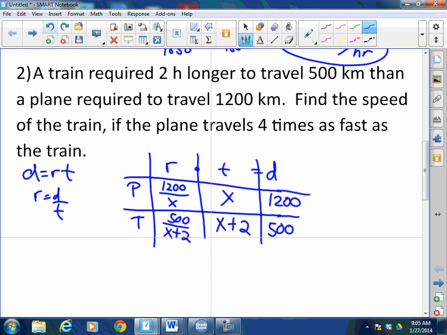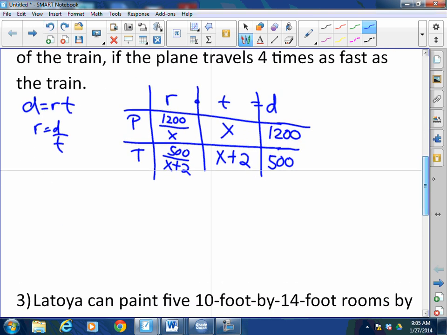Now, what does it say about the rate? Find the speed of the train if the plane travels 4 times as fast as the train. So doesn't the plane, which is 1200 over x, equal 4 times the speed of the train, my friends?